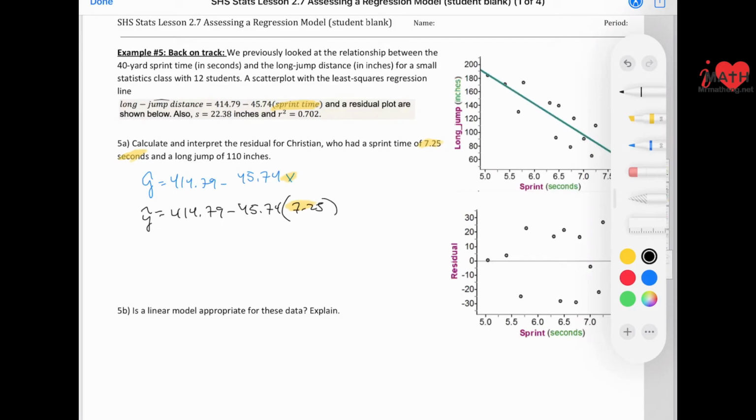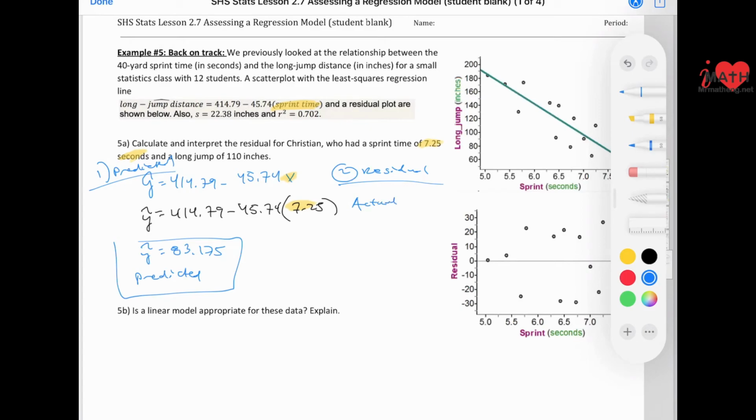And then your predicted will be a total of 83.175. Okay, so we found the predicted. Now we need to calculate the residual. So we said that was the actual minus the predicted.